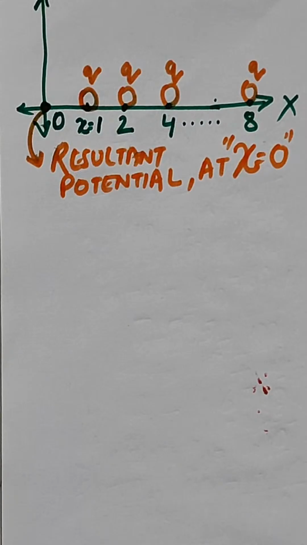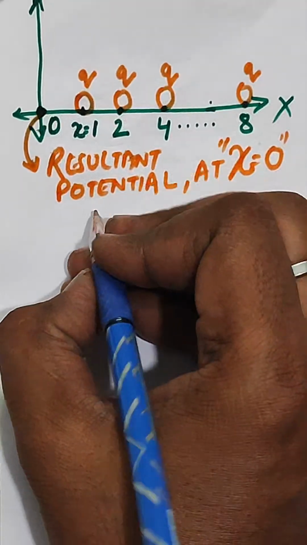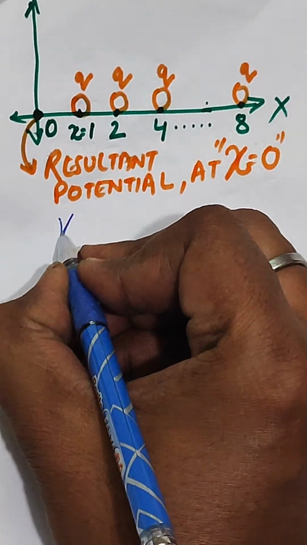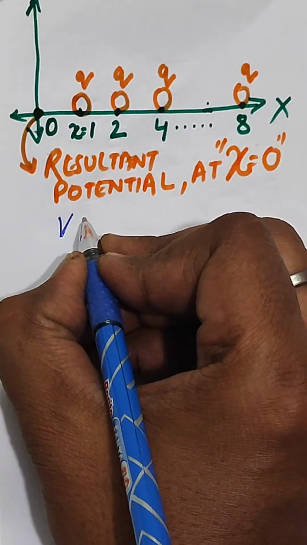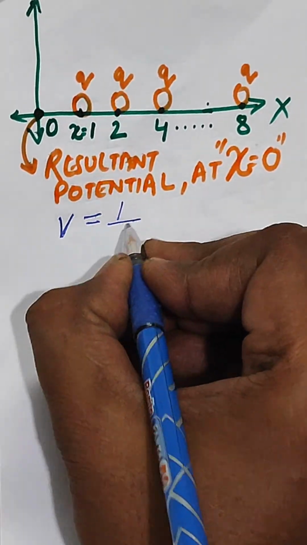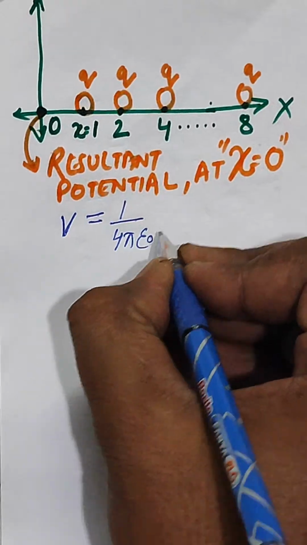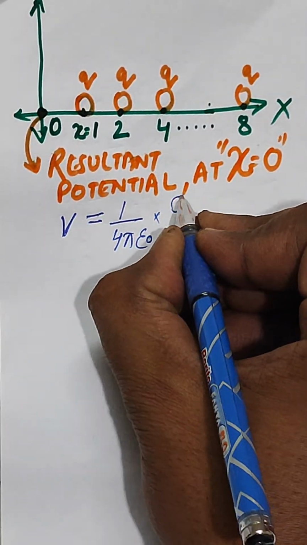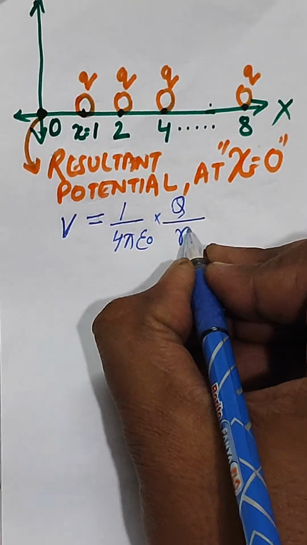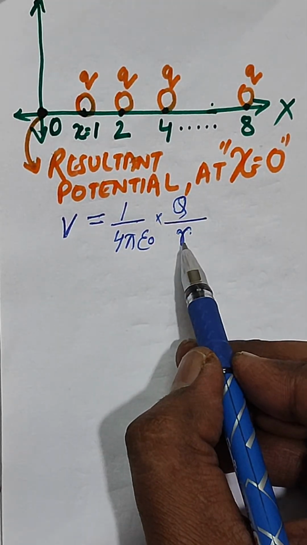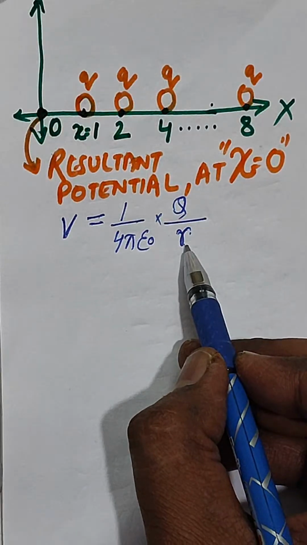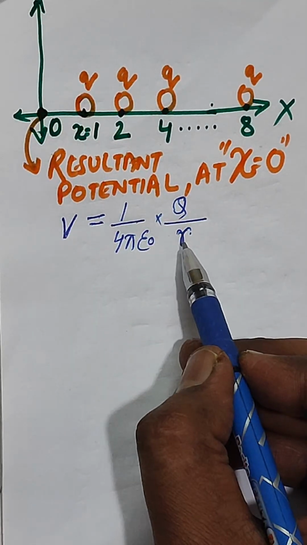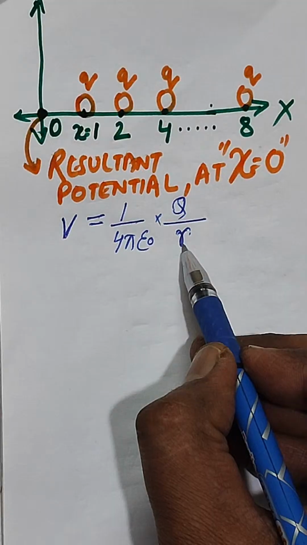So my dear friends, what is the formula of electric field potential? Electric field potential is represented by V, and the formula is V equal to 1 by 4 pi epsilon 0 into Q, the charge, divided by R. That means the potential is measured at a point, where the charge is at a distance of R from that point.